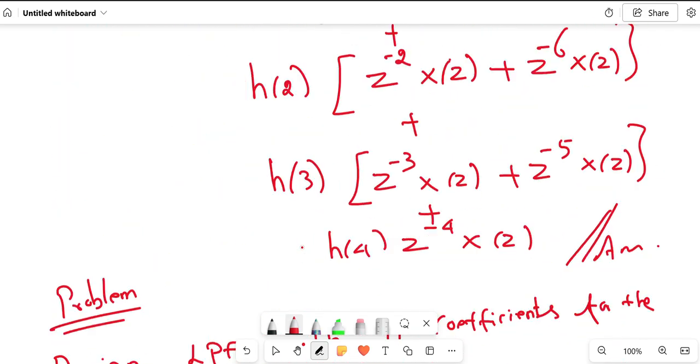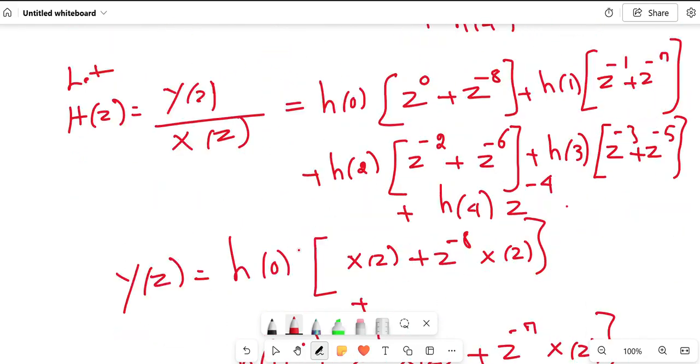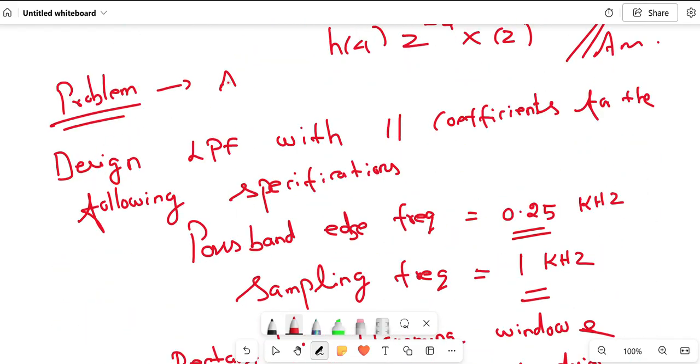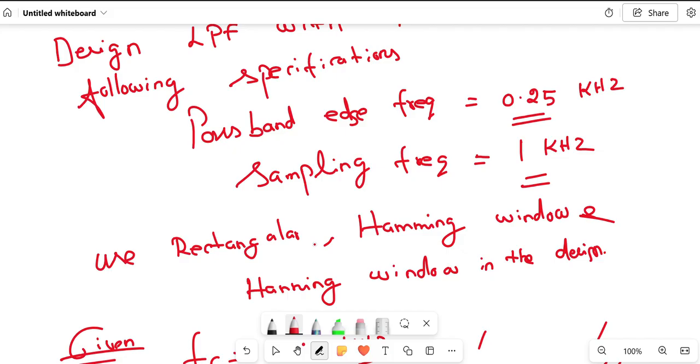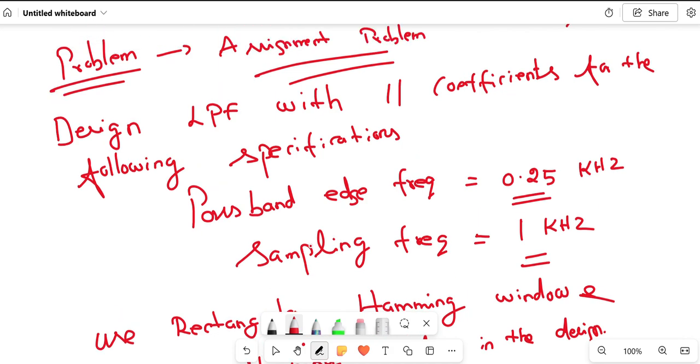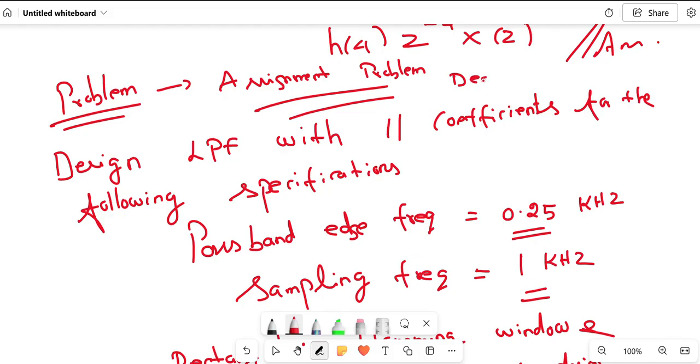Design a low pass filter for the following specifications: passband edge frequency and sampling frequency given, using rectangular window, Hamming window and Hanning window in the design. The deadline to submit is 17th April.